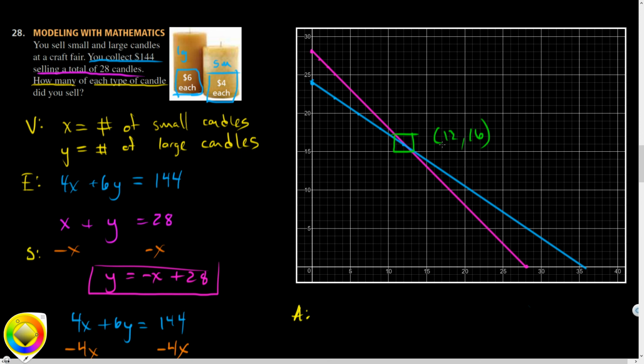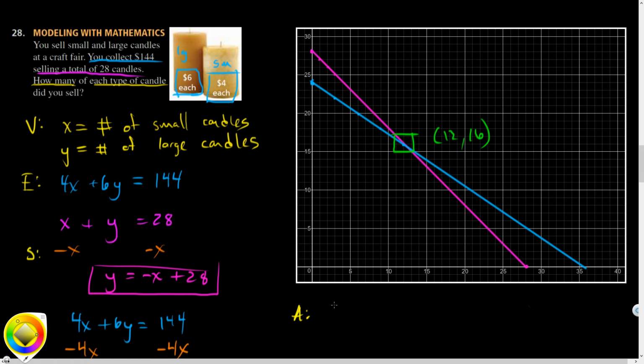What does 12 mean in terms of this problem? Is 12 the number of hours that a candle will burn? Is 16 the number of craft fairs I've been to this month? What do these represent? Yeah, 12 is X. X is the number of small candles.